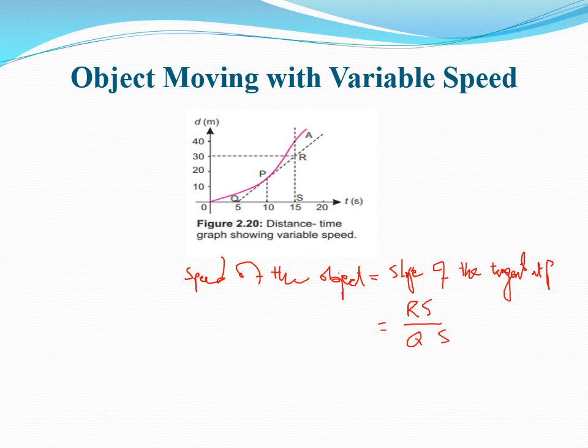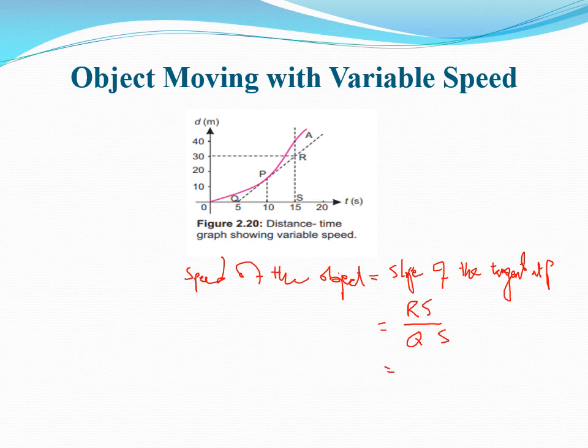Here you note that this dotted line is the tangent, this is RS, and this is QS. Now let's put some numerical values.